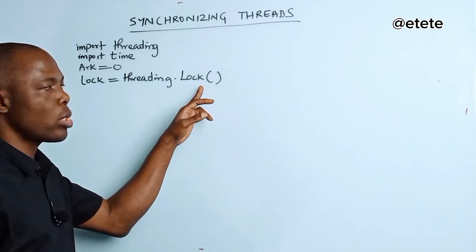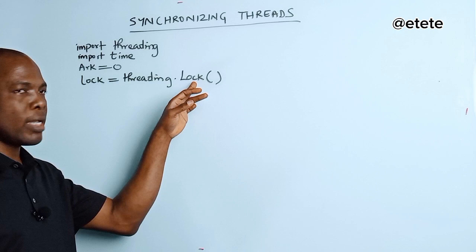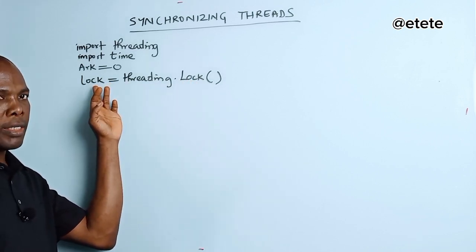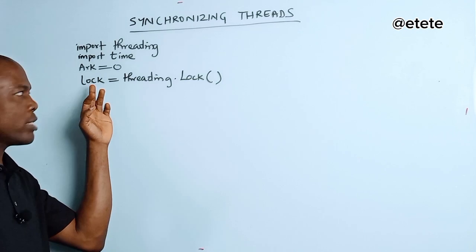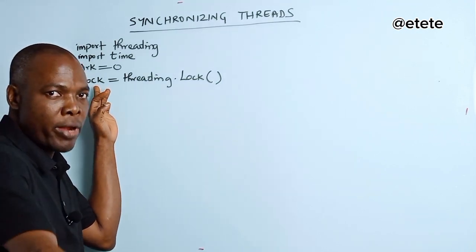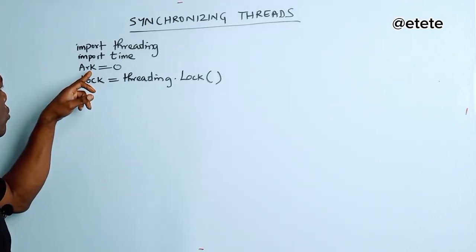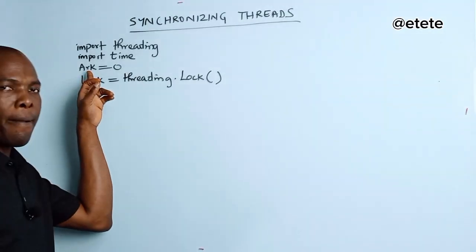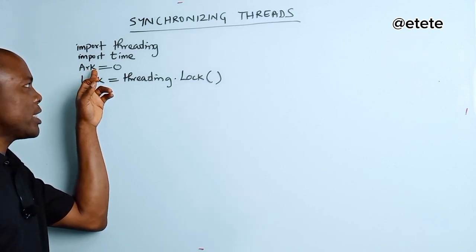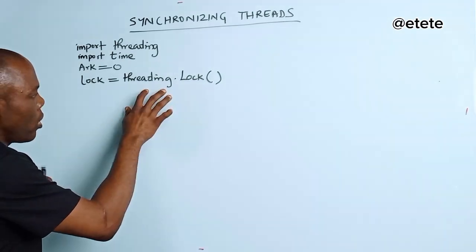So threading.Lock, we are calling a constructor of this Lock class. We are using it to create the lock object. So this lock object is a reference to the object in the physical realm. So we have created a shared resource, which is this ark, meaning the ark is what everybody is going to use. Then we create a lock.